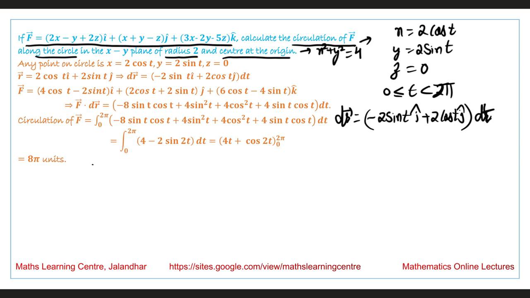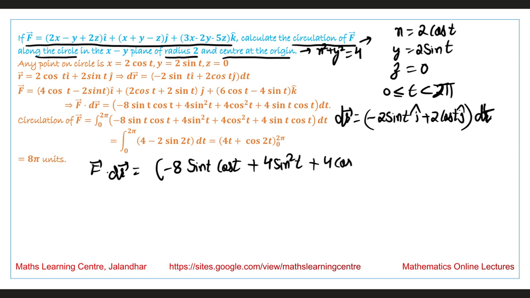Now if we calculate the value of f vector dot dr vector, the answer we have is minus 8 sin t cos t plus 4 sin square t plus 4 cos square t plus 4 sin t cos t into dt. Now if we are calculating the circulation over here, we are calculating the closed integral.